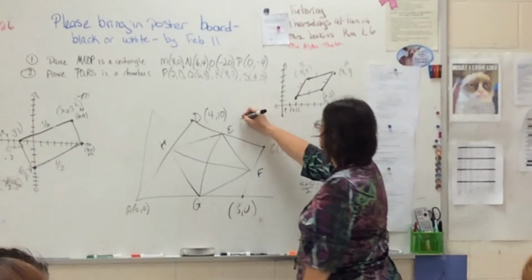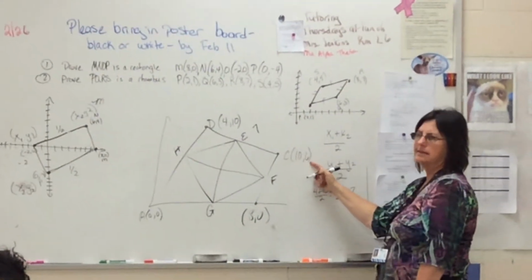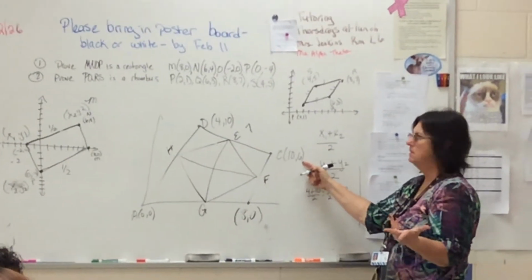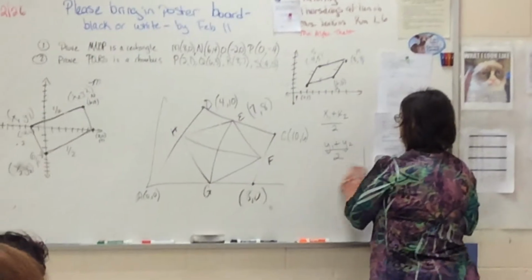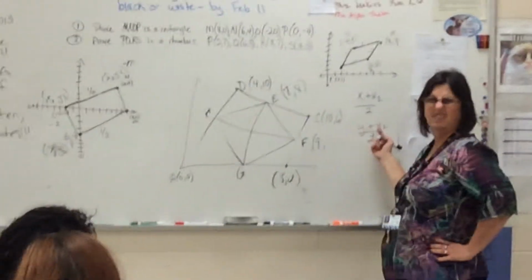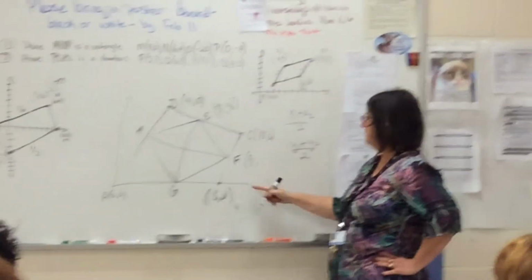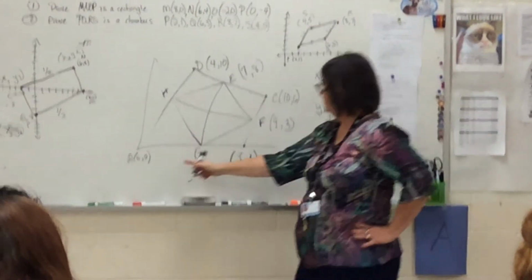So that's my x coordinate. And then 10 plus 6 is 16, divided by 2 is 8. Okay, good job. So if I keep doing that, 10 and 8 is 18, divided by 2 is 9. 6, do I need to work these out? No. Okay. 6 and 0 is 6, divided by 2 is 3, so that's my midpoint here.